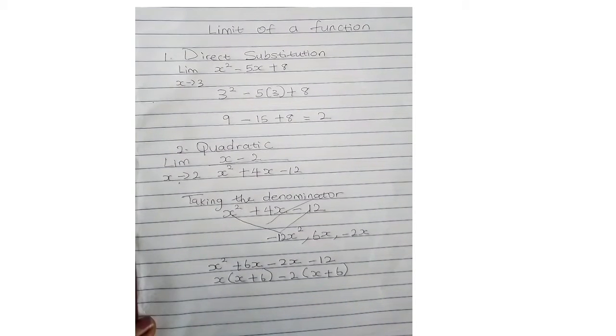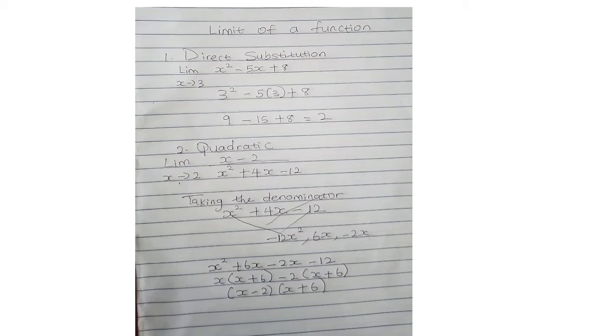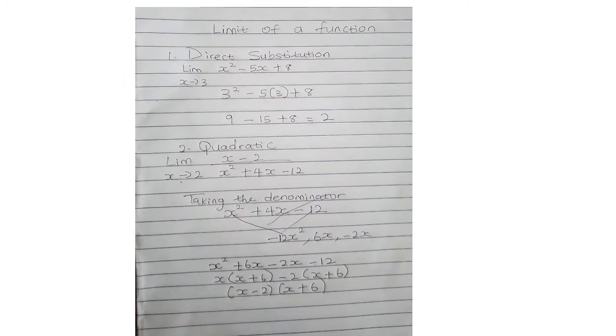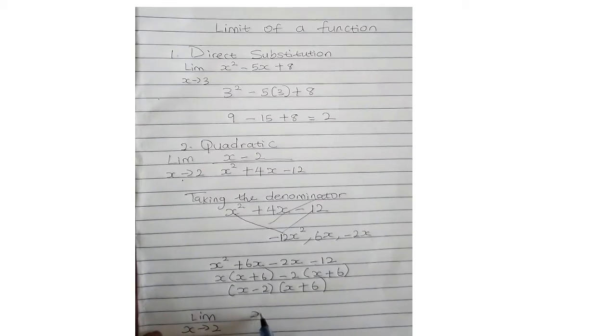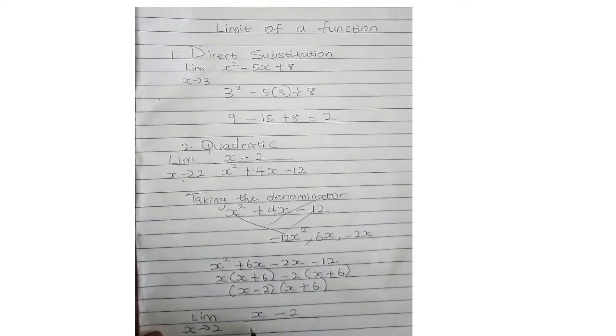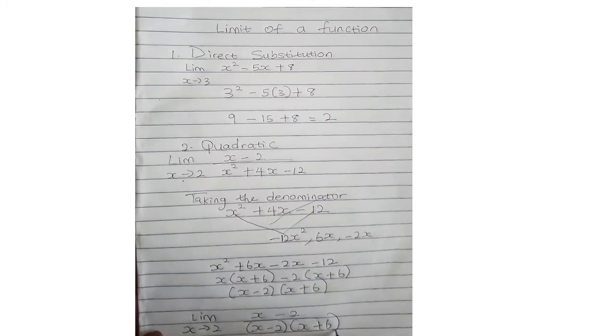Since we have two values that are the same, we pick one. So we have x minus 2 times x plus 6. Now in place of x squared plus 4x minus 12, we put these values. Putting them into the function, we have the limit as x approaches 2 of x minus 2 over x minus 2 times x plus 6.